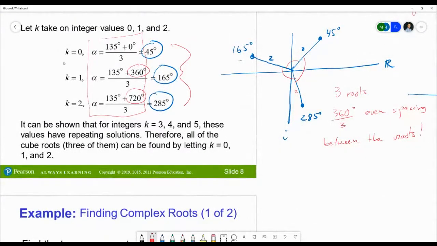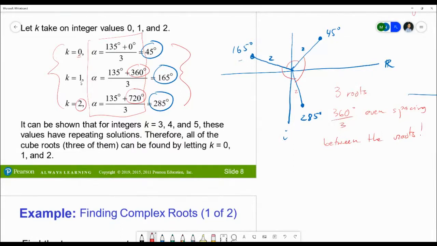If you want to understand using the formula, the number of roots is the number of k values that you're going to use, not when k equals that root. So here, since we want the third root, we want to use 3 values of k, and k always starts at 0.